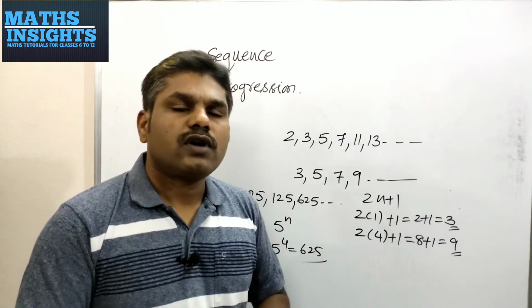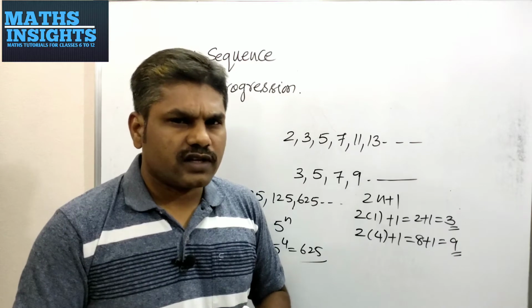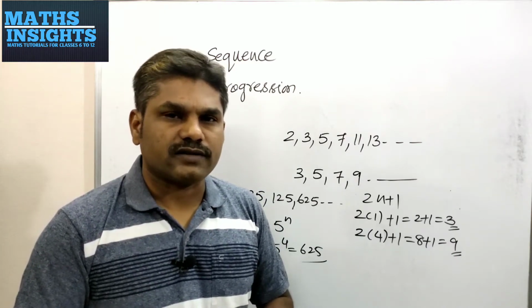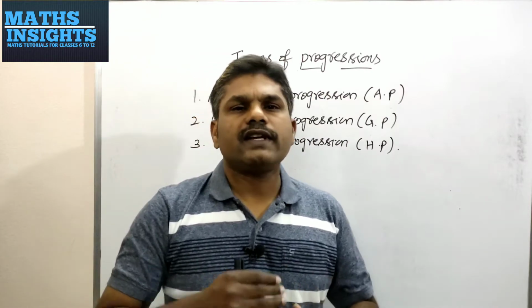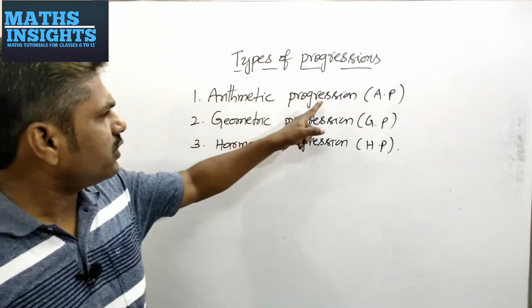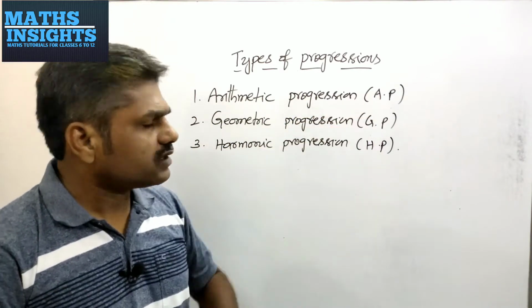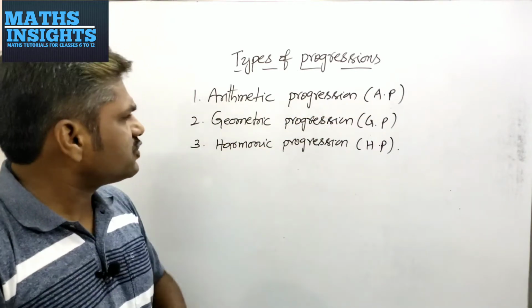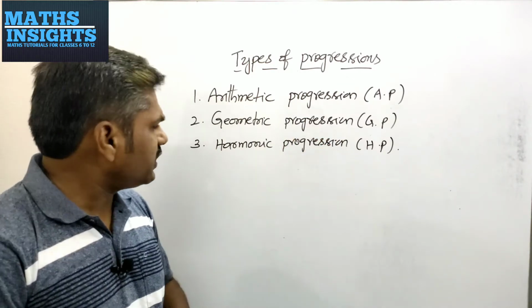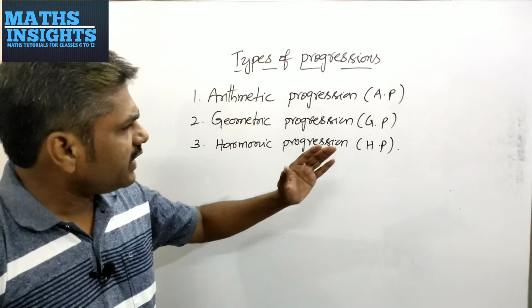Now we will see how many types of progressions there are, what the definitions are, everything will be discussed. Mainly there are 3 types of progressions. Those are arithmetic progression, shortly written as AP, geometric progression, shortly written as GP, and harmonic progression, HP.